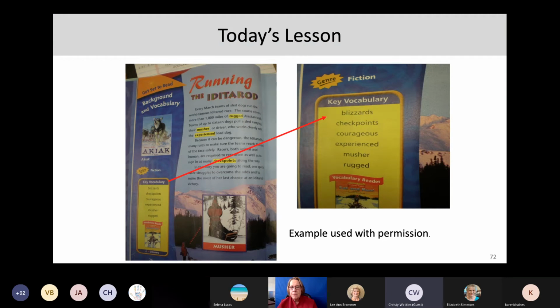So I'm going to give the example of the running of the Iditarod, a lesson that came in this curriculum textbook. And most of our curriculum, whether it's a standard gen ed curriculum or even a special education curriculum, generally has some key vocabulary words identified as part of the lesson. So we've got the words blizzards, checkpoints, courageous, experience, musher, and rugged.